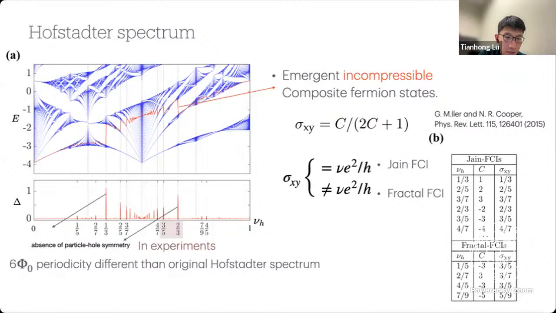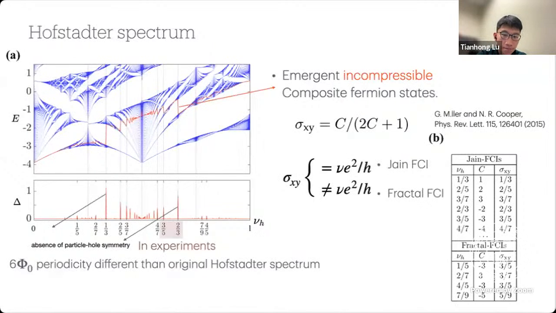For 2/5, two composite fermion bands are filled, so the total Chern number is 1 plus 1 is 2. For 3/7 it's the same: 3 bands filled, total Chern number 3. And they are translated into the Hall conductance of the electronic states as 1/3, 2/5, and 3/7, which is the same as the filling fraction. The same thing happens to the right of half filling, and those are called Jain FCI.